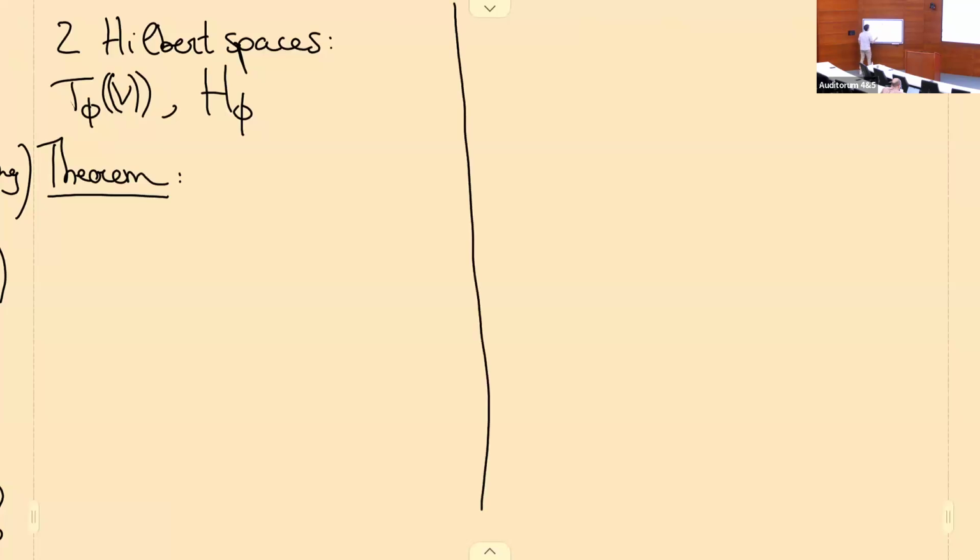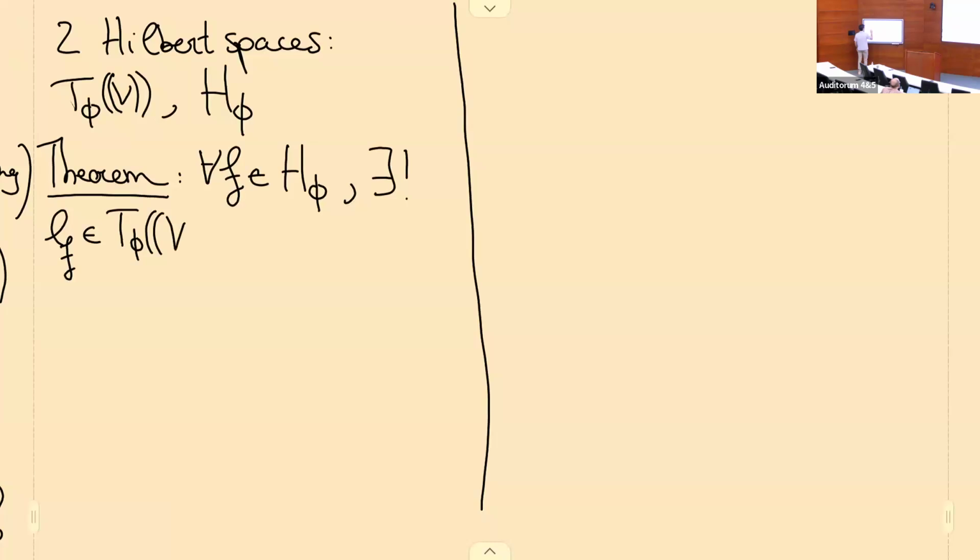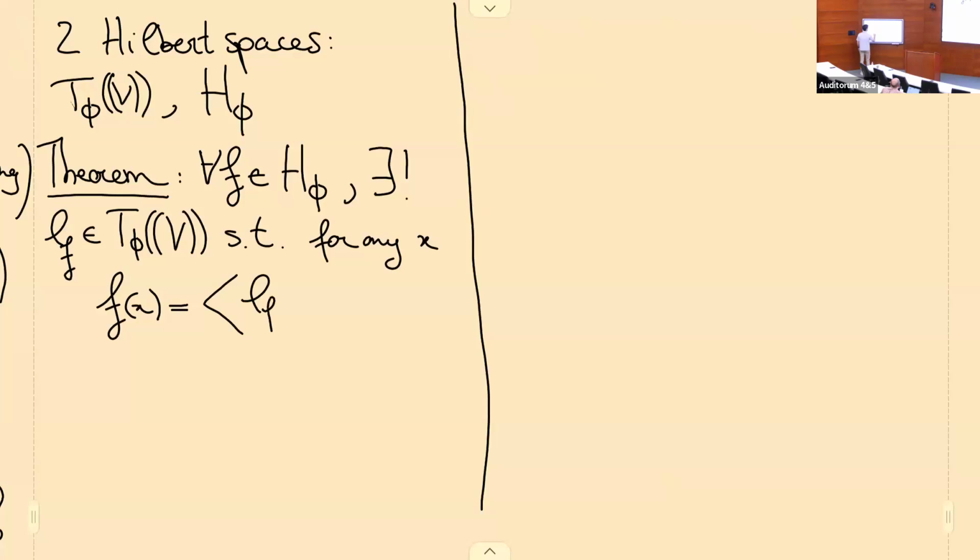The theorem tells you that for any element f of the reproducing kernel Hilbert space H phi, there exists a unique element L sub f in the Hilbert space T phi of V, such that for any path x, we have f(x) equal to the inner product in phi between L_f and the signature of x.